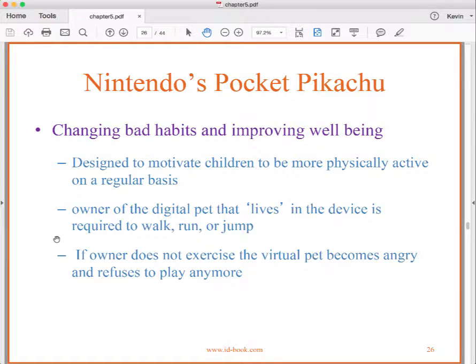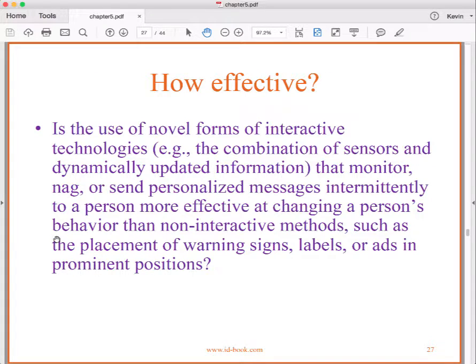One example is Nintendo's Pocket Pikachu, which is an activity monitor that is based upon a pet. The digital pet lives in the device, and it's required to walk, run, or jump. And if the owner doesn't exercise, the virtual pet becomes angry and refuses to play anymore. Well, that's one way to do it. There's all kinds of ways to do it.